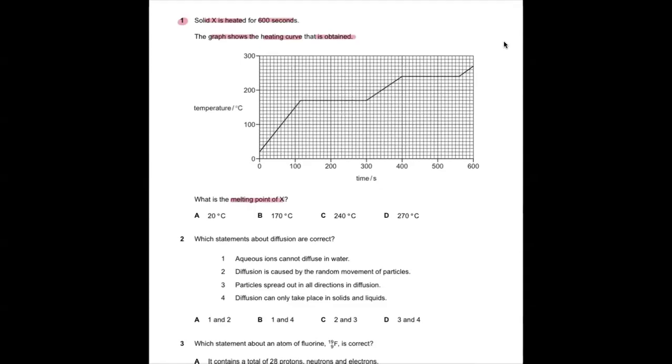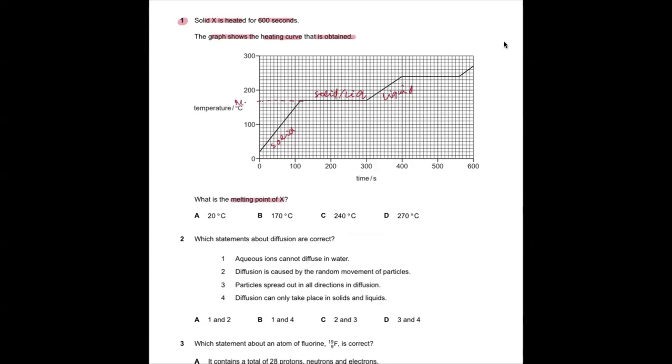As they have already mentioned that it is a solid, right? The solid is being heated, so it's a solid over here. And at this temperature, it is going to melt. At this temperature, it stays both solid and liquid, and then we have a liquid.